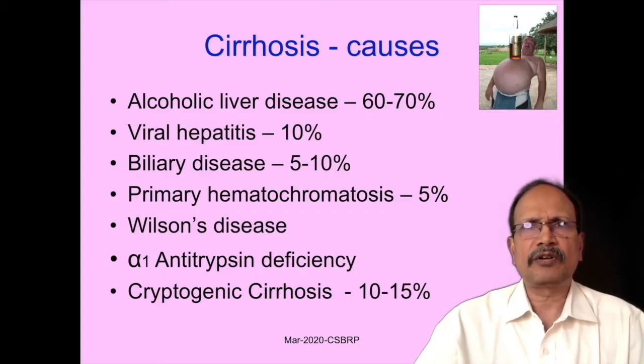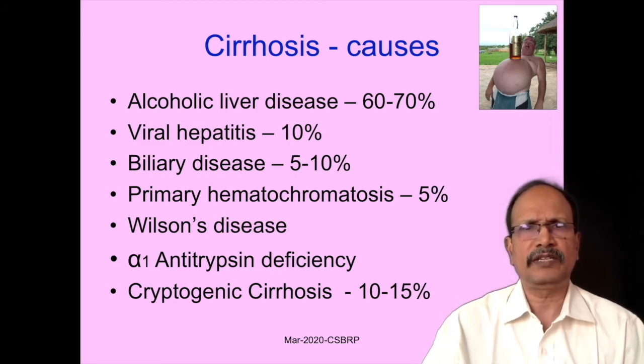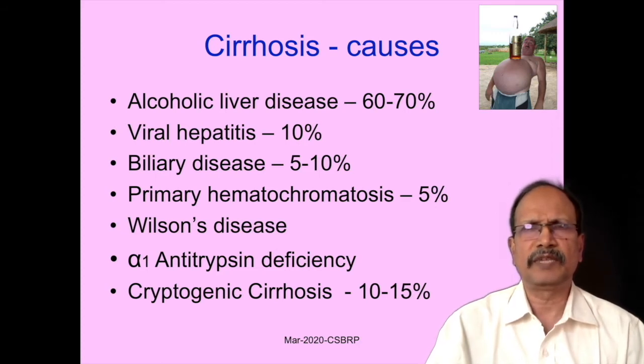And coming to the causes of cirrhosis, alcoholism is the topmost cause, and 60 to 70% of cirrhosis has an alcoholic etiology. In addition to that, there may be viral hepatitis, especially chronic viral hepatitis, which may be associated with the development of cirrhosis. Among them, hepatitis B and C are known to cause cirrhosis in the liver.